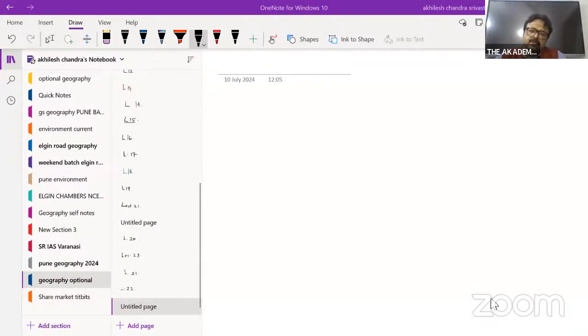So this optional is going to make a huge difference, not only in qualifying this exam, in your mains exam, but also in deciding the rank. That's why the optional contributes 500 marks.